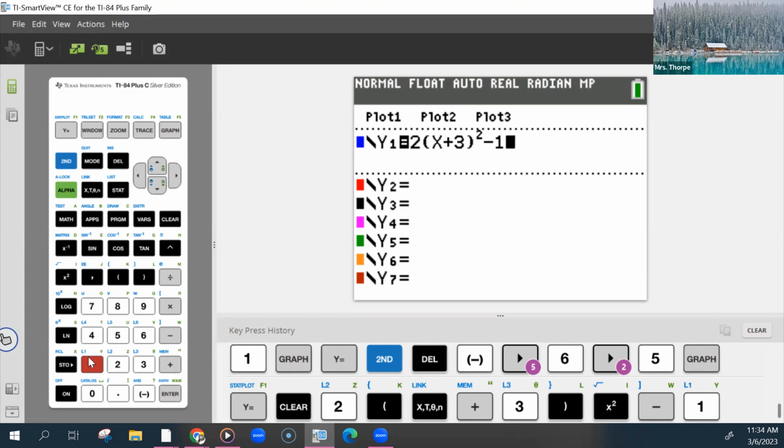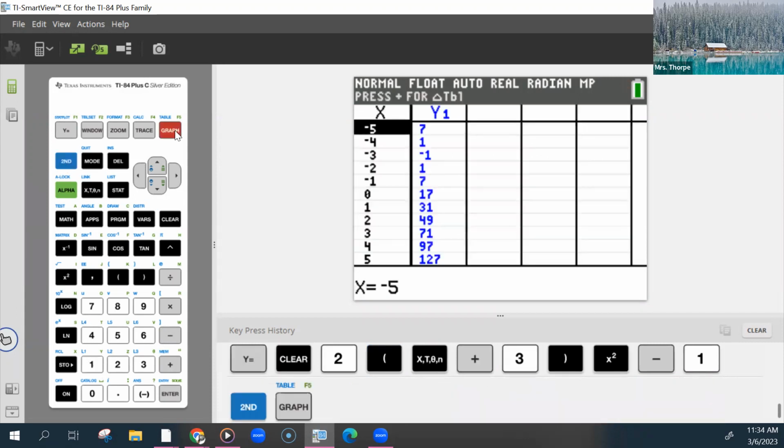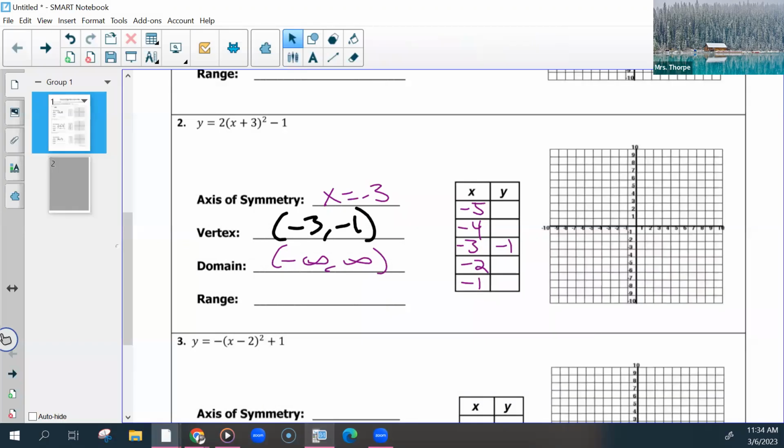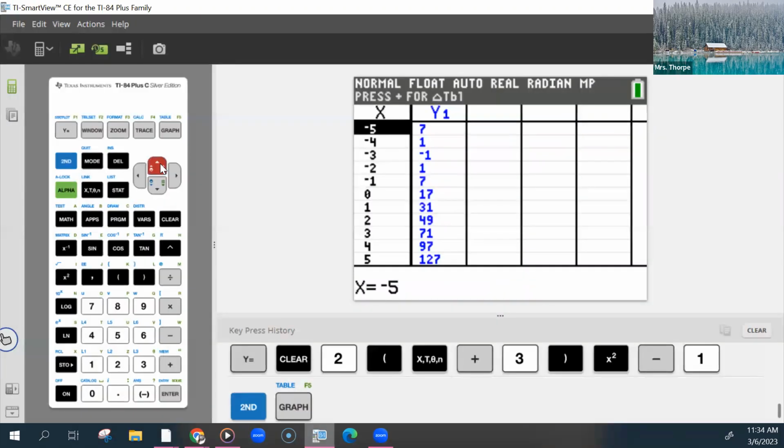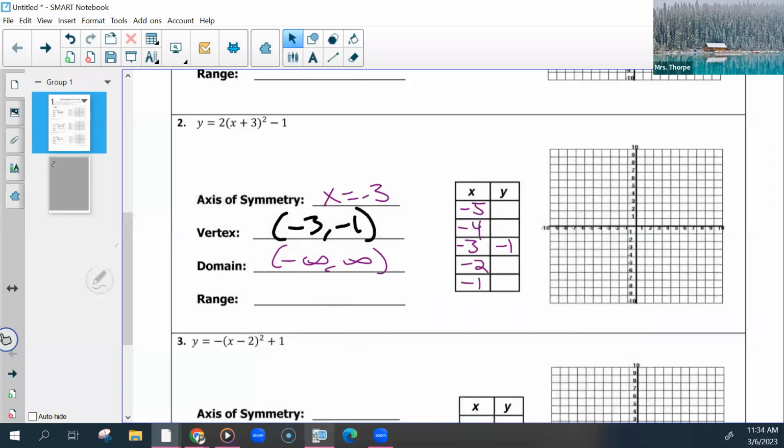And then go to the table, second graph. And then we can see what our values are. 1, 7. Then it repeats.